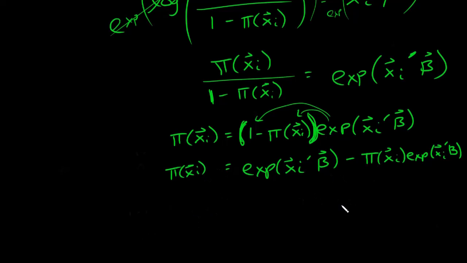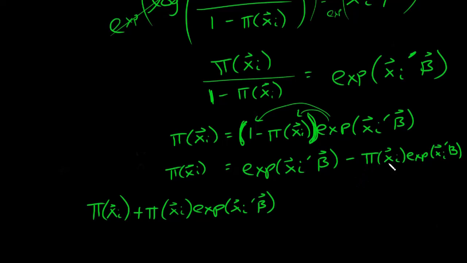Now remember, my goal is to get pi of xi by itself. So let's bring this term over to this side of the equation. So I have pi of xi plus pi of xi times e to the power of xi transpose times beta.